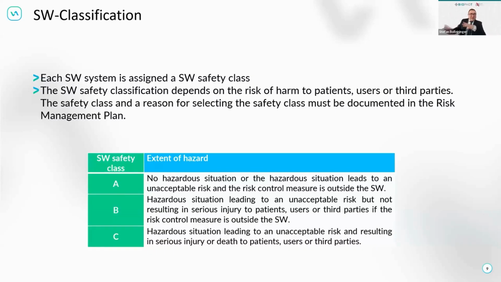In the past, prior to 2015, the rule was a bit different. There was just the rule: if there could be a harm in the software which can kill a person, Class C. If it can harm a person but not kill a person, Class B. If it does not harm a person, Class A. Since 2015 there came the additional layer about unacceptable risk and acceptable risk, which makes it a bit easier and shifts a lot of products into Class A, especially firmware products.